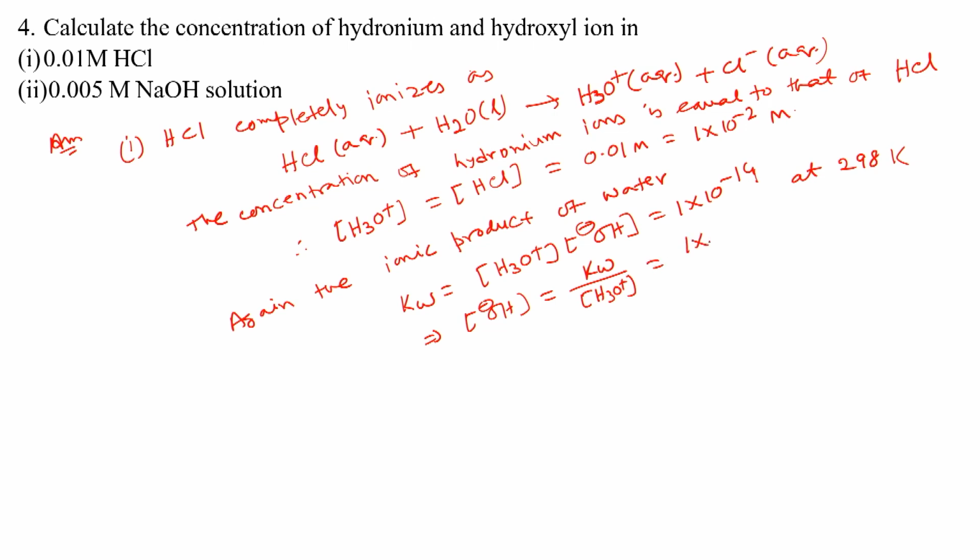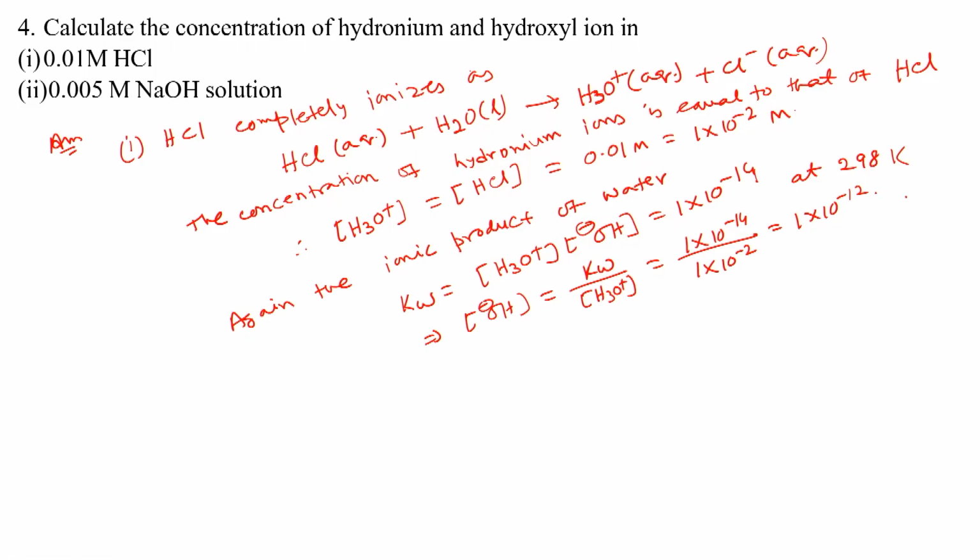So, we get 1 times 10 to the minus 14 by 1 times 10 to the minus 2. So, we get 1 times 10 to the minus 12 molar, or moles per liter we can write. Okay. So, this is for HCl.